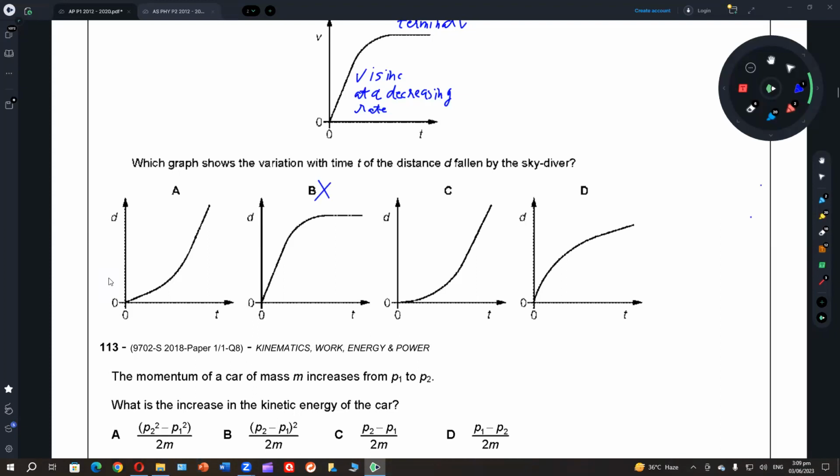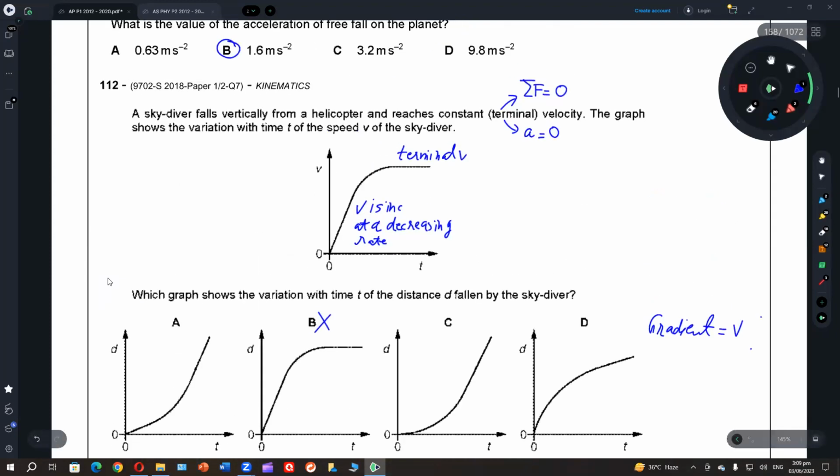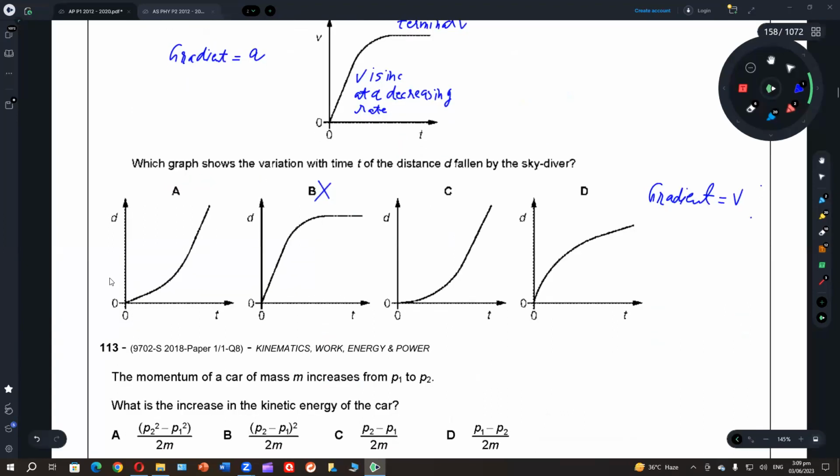No, the gradient of a distance time graph is velocity. Here the gradient is velocity. And if you come to this sketch, there's distance, acceleration, velocity over time.